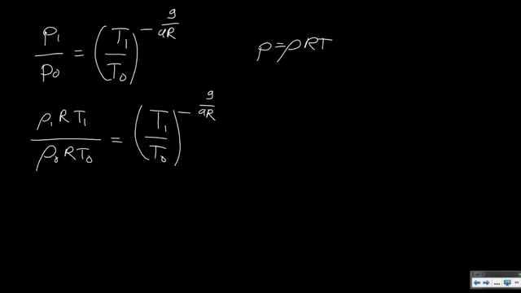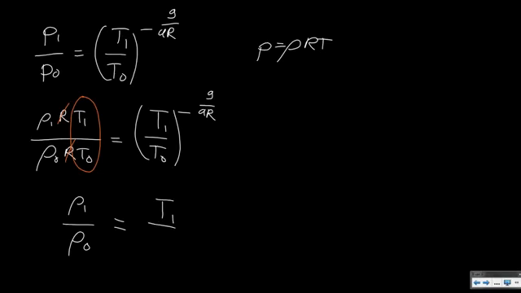Well, let's look at this equation. The R disappears, and this is something we can divide out of the left side, which means we'll get rho 1 over rho 0.